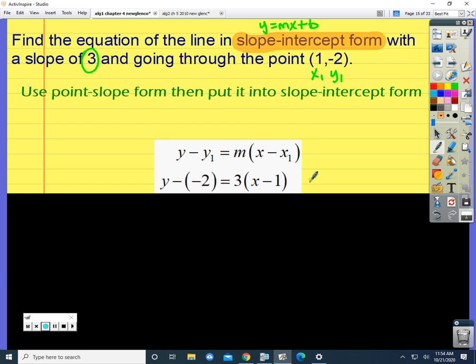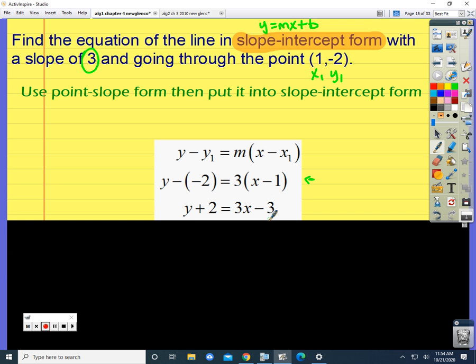Now, what we were doing a few minutes ago, we stopped right here, didn't we? Like, we were like, okay, we got it in point-slope form. It's finished. But now they want slope-intercept. So what that means, guys, we got to go in and simplify, distribute, and then clean it up. So look what we're going to do first. Those two turn back positive. When you distribute, you get 3x minus 3. See where that came from?